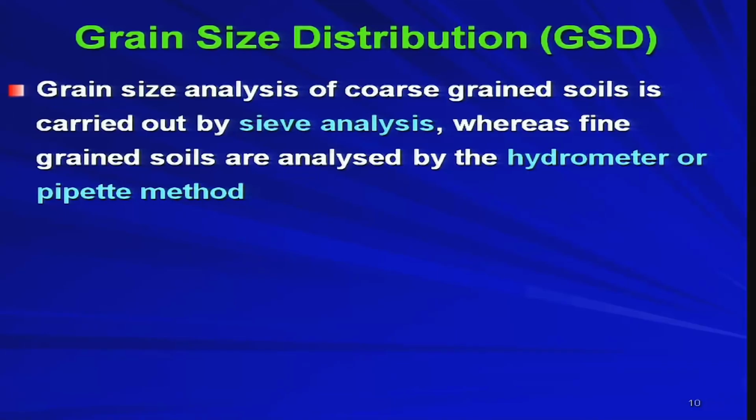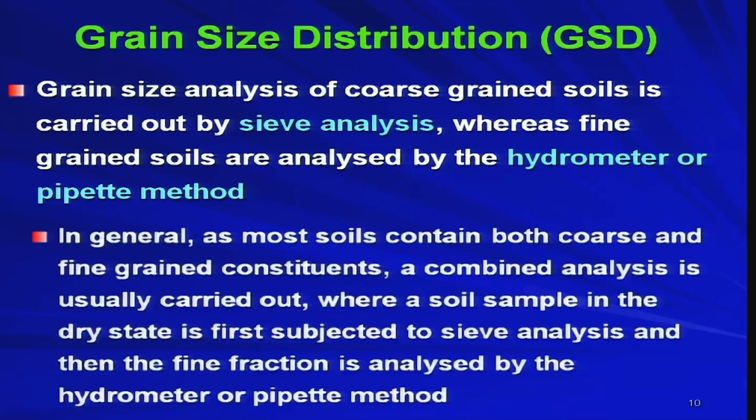Fine grained soils are analyzed by the hydrometer or pipette method. Fine grained soil means clay, which you cannot see with your bare eyes. So, for fine grained soil classification you need the hydrometer test.